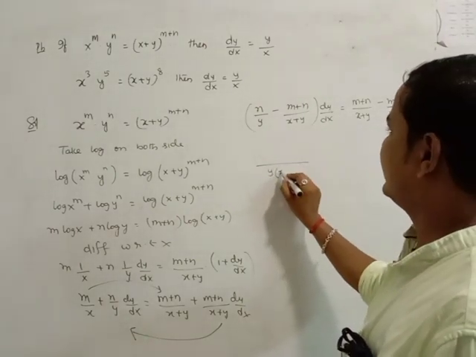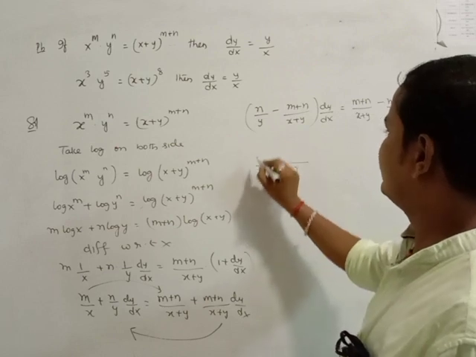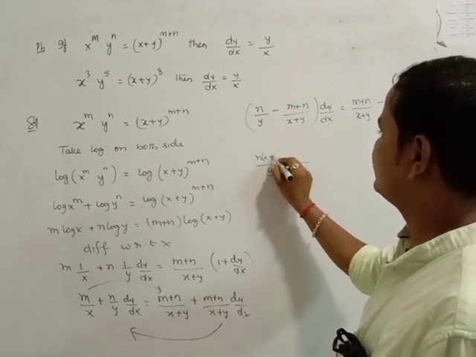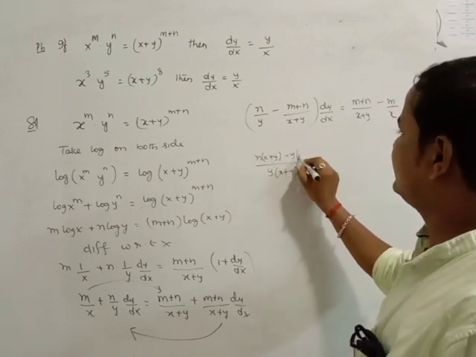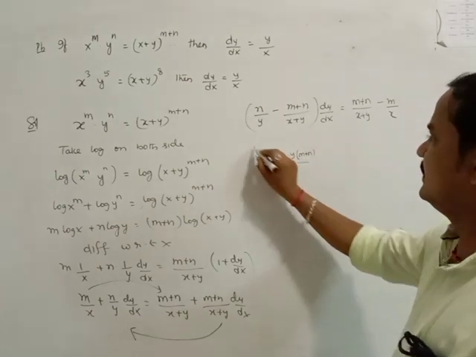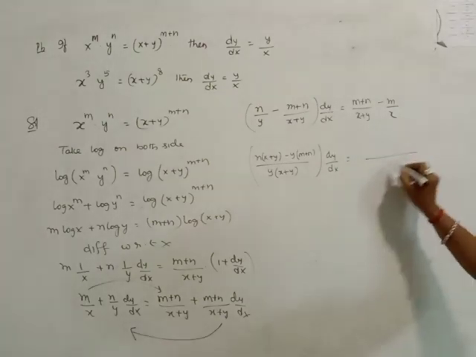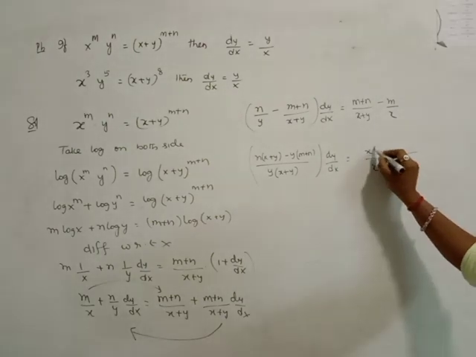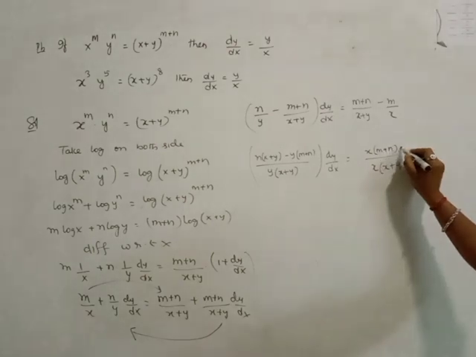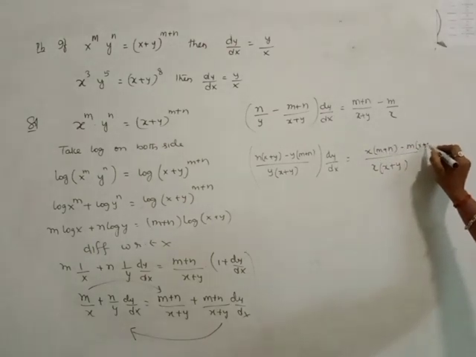Take the LCM. y into x plus y is equal to n into x plus y minus y into m plus n, dy by dx is equal to x into x plus y, that is x into m plus n minus m into x plus y.